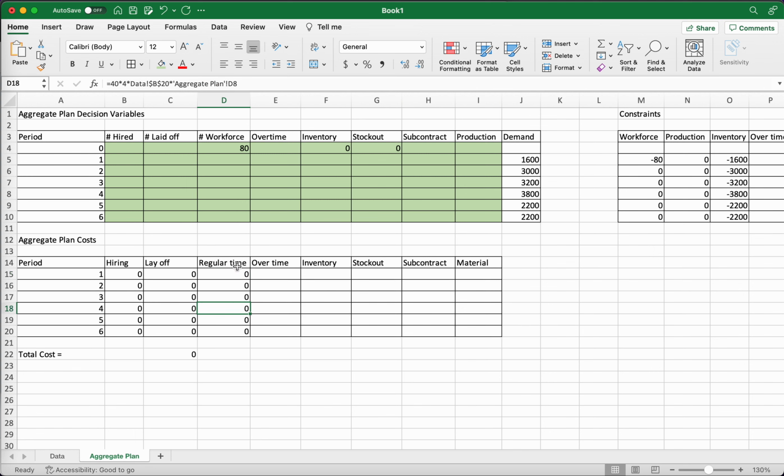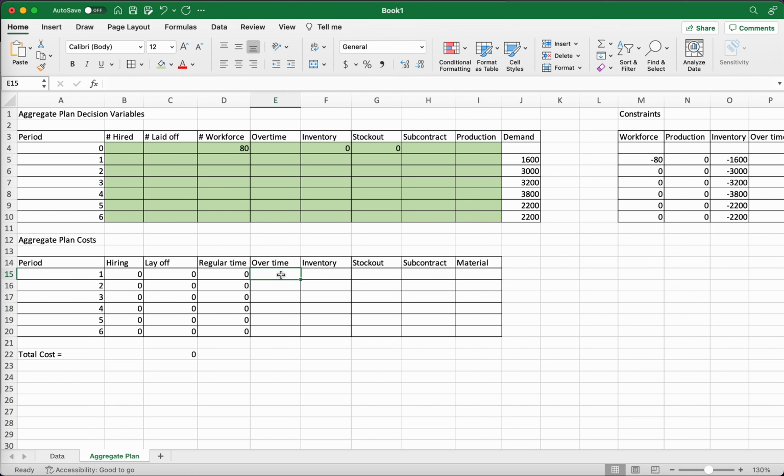So what this does is calculate 40 times 4, 160, times another $4 an hour. So $640 per person times the number of people who were working for you in March. So this is January, February, March, right? So that's the cost of regular time.